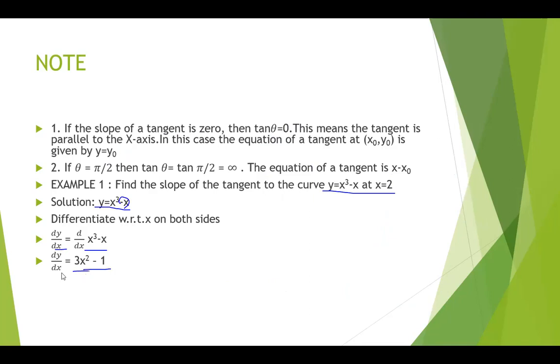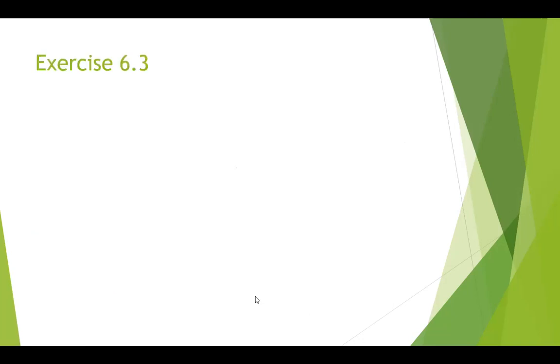Now, this is the slope of the curve. Slope of a curve at a particular point, if I want, I will put that value. x is equal to 2, they have given x is equal to 2. So dy by dx becomes equal to 11. This is the slope of that. Slope of a curve at a particular point is equal to the slope of the tangent drawn at that particular point.